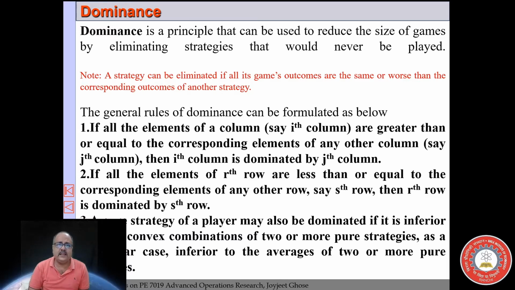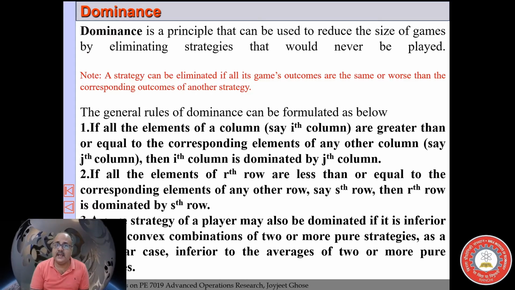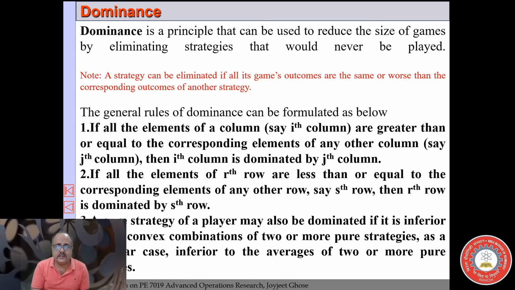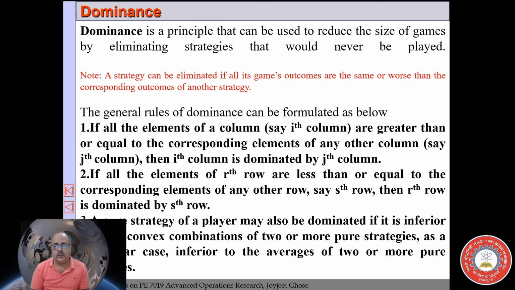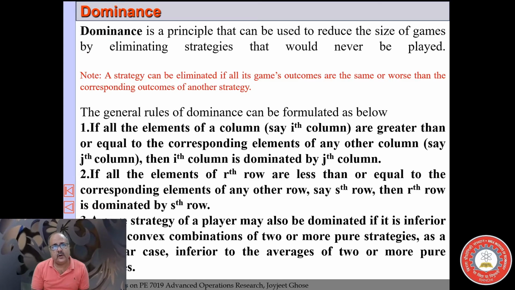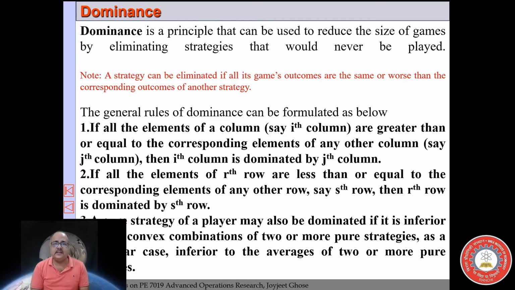Similarly, vice versa, in case of a row, from A's point of view, if all the elements of the rth row are less than or equal to the corresponding elements of another row, let's say the sth row, then since all the elements of that row are less, and A wants to maximize his profit, A will not choose the rth row.